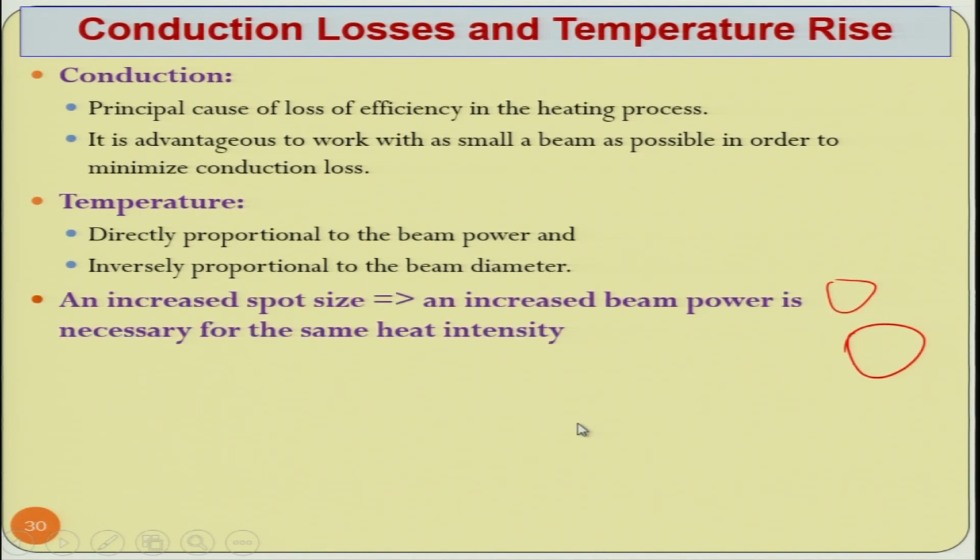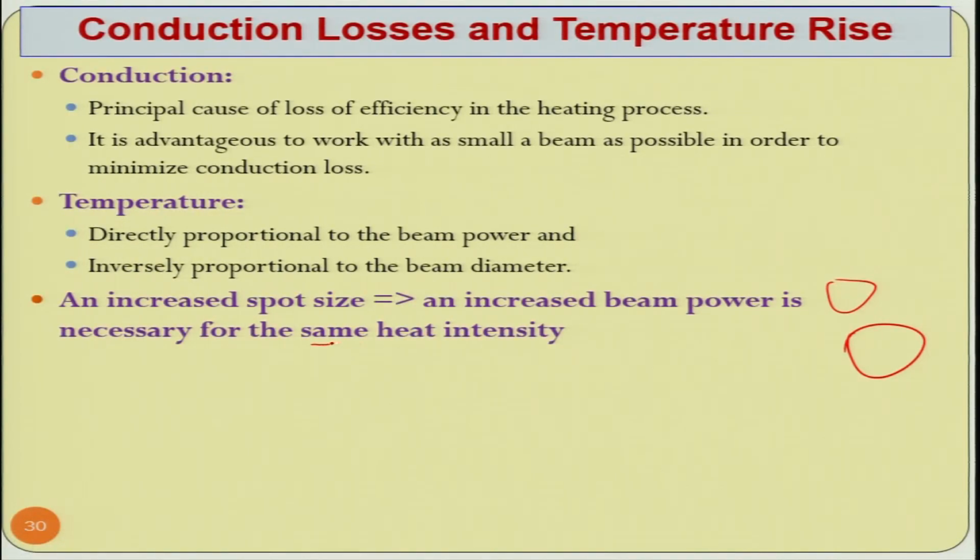An increased spot size will lead to an increased beam power being necessary for the same heat intensity. If the spot size is increased, that means the beam diameter is larger, then you need larger power in that particular electron beam, so that you get the same heat intensity. If the beam diameter is increased and you are not changing the beam power, then definitely the intensity will reduce.